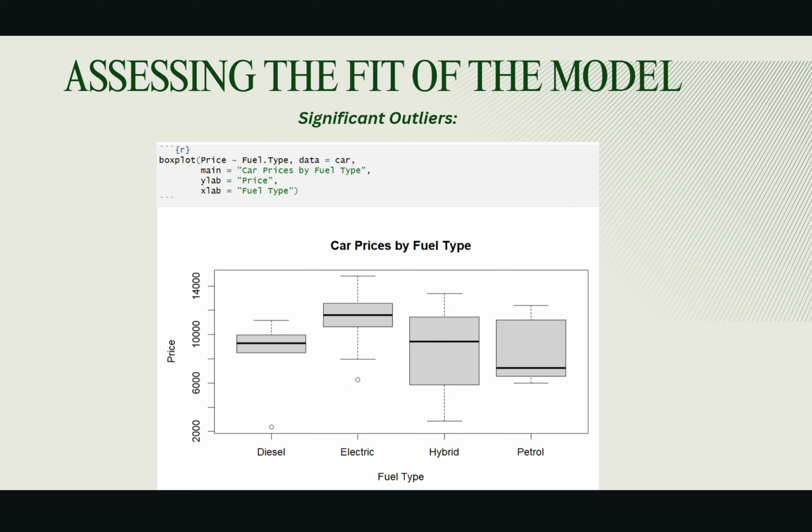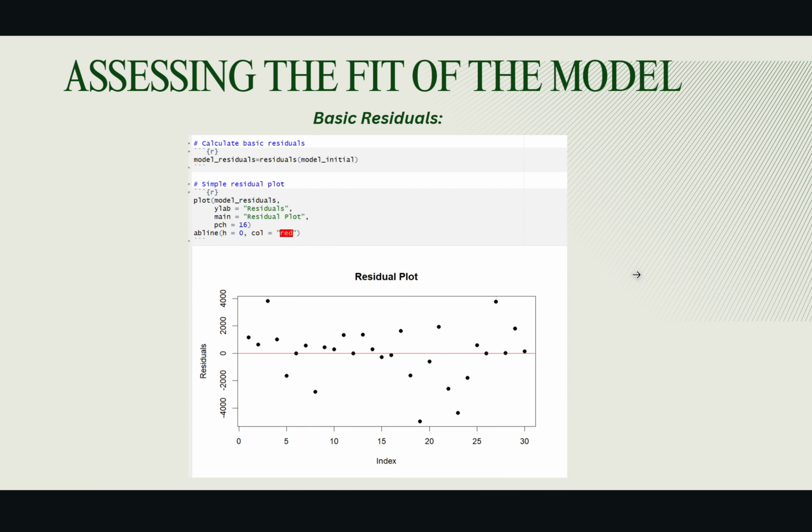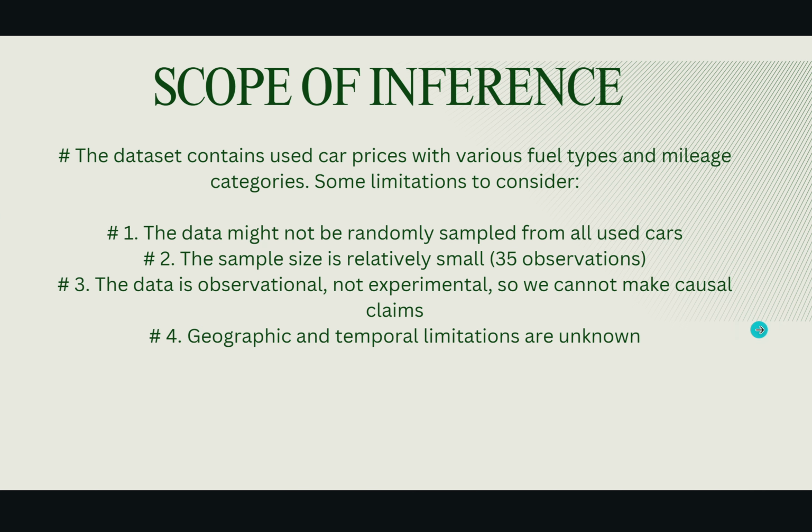However, it isn't too evident to affect the two-way ANOVA model, and here it just shows that the hybrid and petrol, like I stated previously, does have a large range, but it shouldn't affect the two-way ANOVA model too vastly. And I also did this with a simple residual plot showing that the points were roughly scattered. However, this condition was still met.